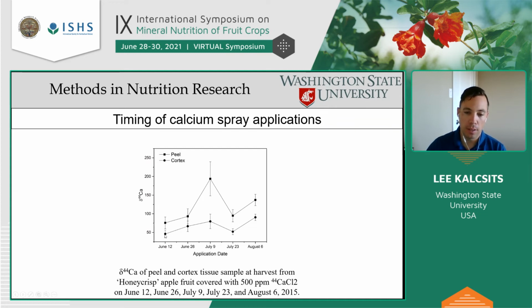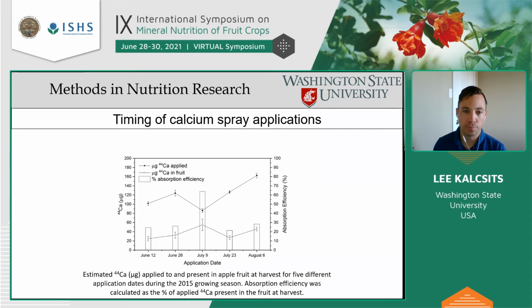We see this in both the cortex and the peel, which tells us that the calcium chloride is having an impact on fruit calcium. It shows about a 25% total absorption efficiency on average, and only about 10% of the applied calcium enters the fruit. Then, in a high density apple orchard, only about 10% of the calcium applied to the orchard actually reaches the fruit surface.